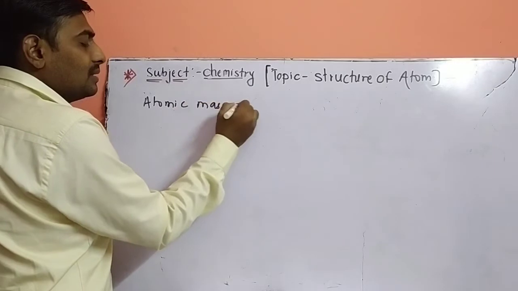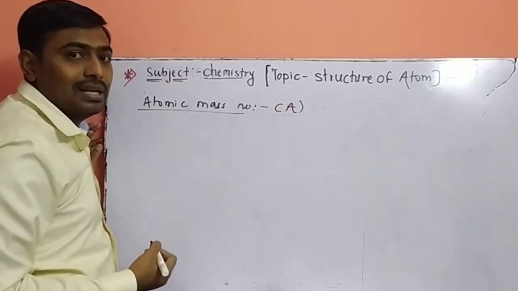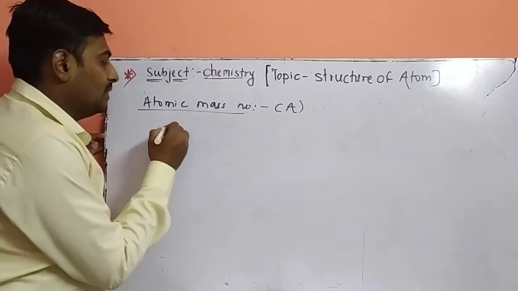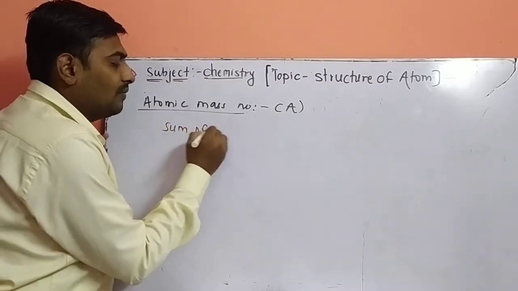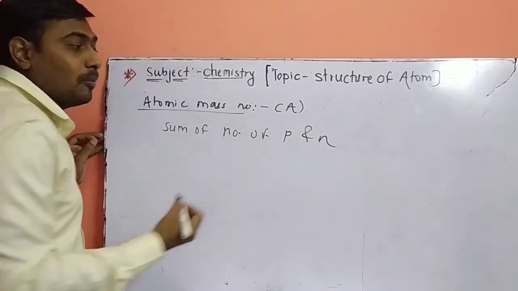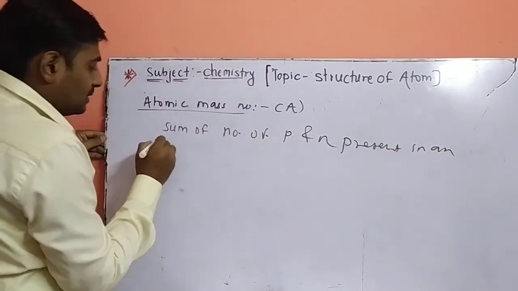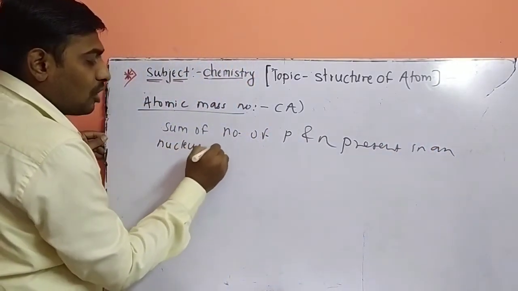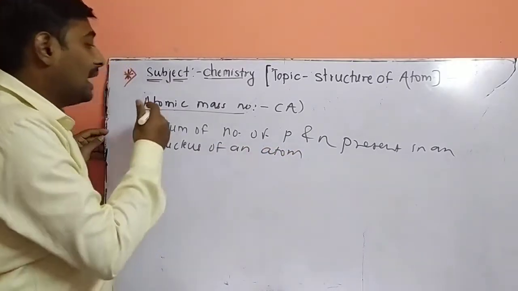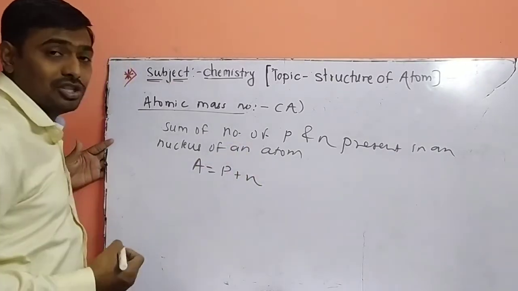Atomic mass number is denoted by capital A. It is the sum of the number of protons and neutrons present in the nucleus of an atom, so A is equal to P plus N. Sometimes a question may ask you to calculate the number of neutrons in a given element.